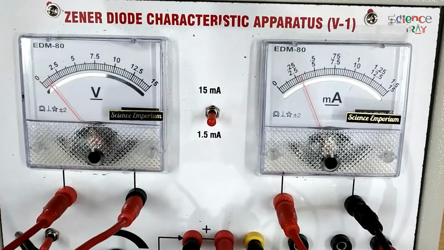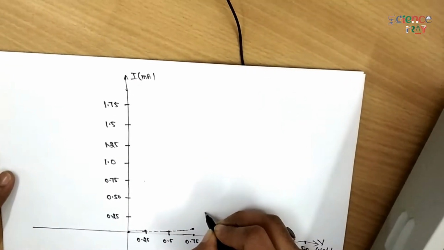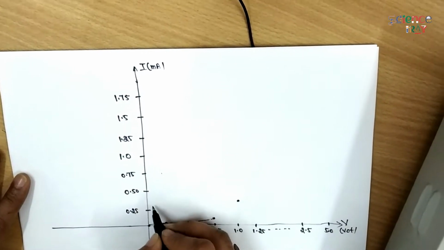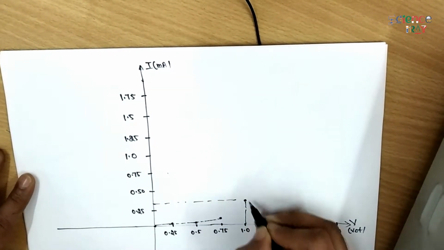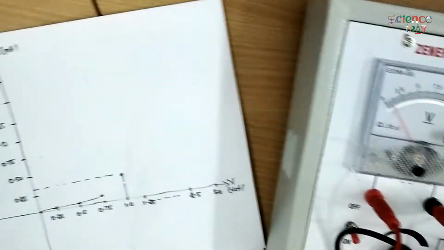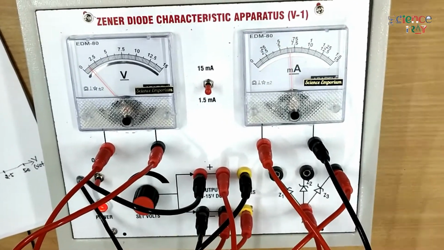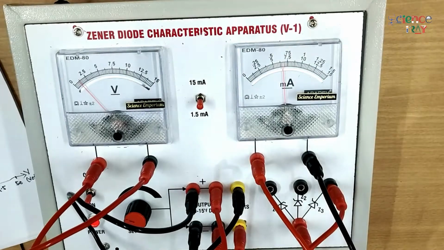So we will show the same thing on the graph. It increases to 0.25 here, more than 2.5, and the voltage is 1. Now it further increases to 1.25 and the current has increased to more than 5.5.